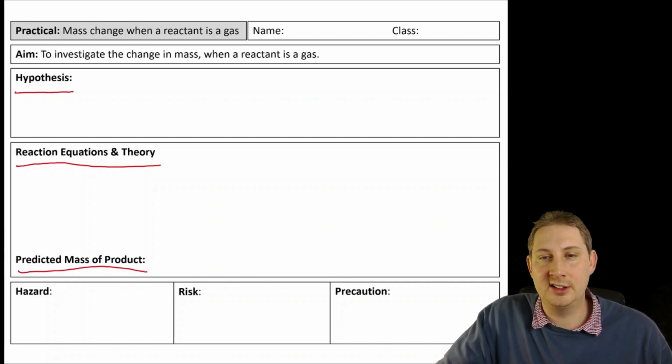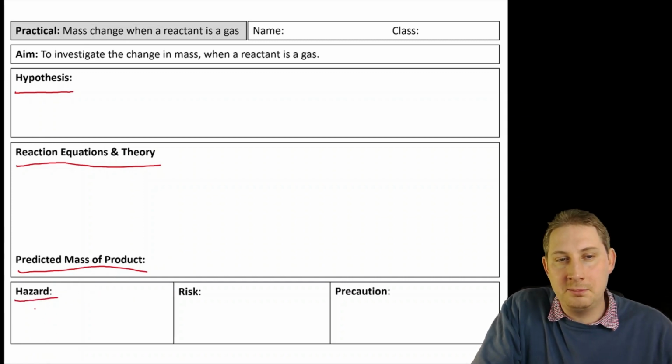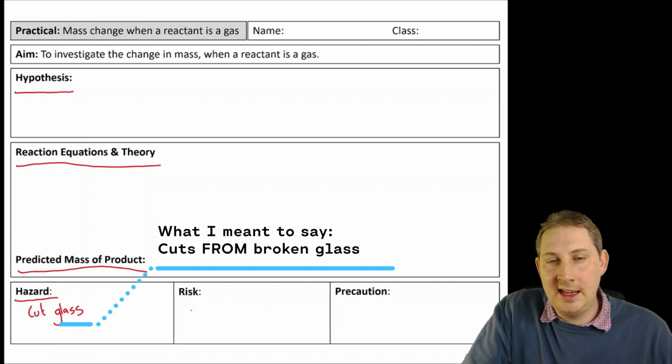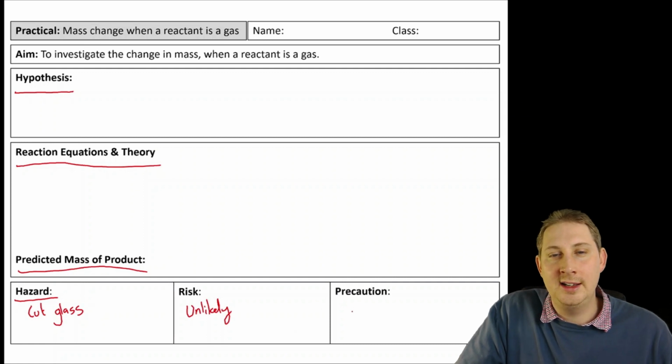Here we've got hazard, risk and precaution. You can give 1, 2 or 3. What did you think was the main hazard? So remember, the hazard is the thing that's going to do you harm. So a hazard might be cut glass. The risk, do you think that this is likely or very unlikely? I would say, given we didn't use anything with glass, it is unlikely. What's the precaution? How do you reduce the risk even further?